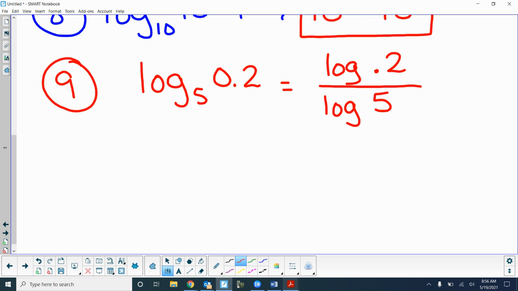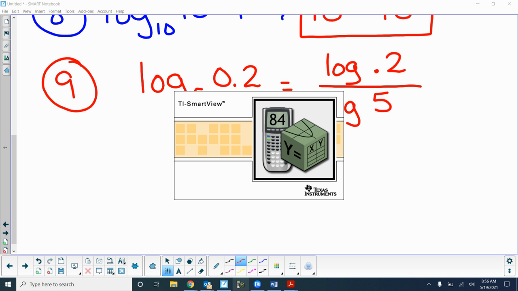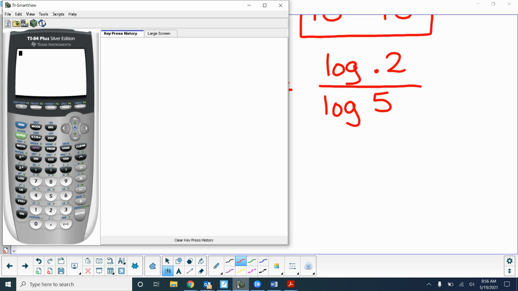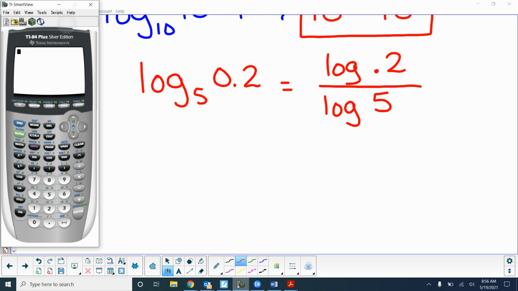All right? So any log problem, you can use that change of base formula where you're just using your log button, your base 10 log button on your calculator, putting it in your calculator. All right? You don't have to do it mentally like I showed you when we first started.